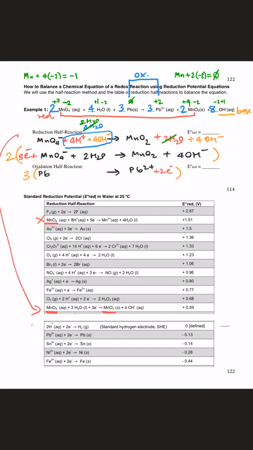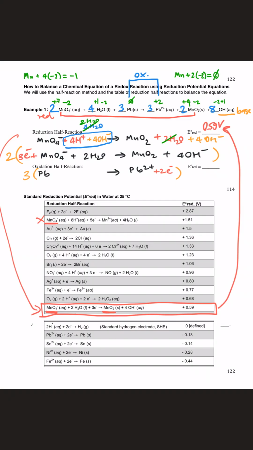So we are going to focus on this one right here. The value of the standard reduction potential here would be exactly what is written, so we will not change anything. Even though the number of electrons changes, we don't have to change it because the standard reduction potential is independent from the number of electrons. So this would be 0.59 volt.